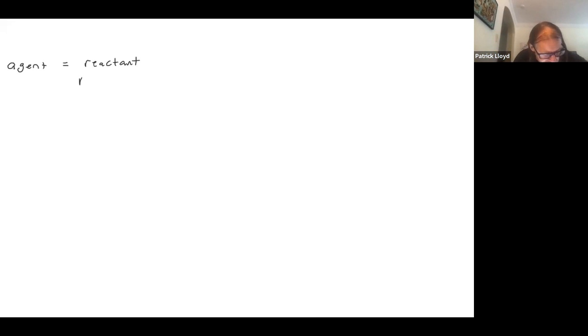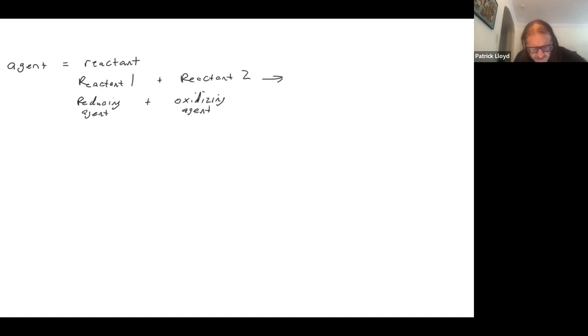So we don't say reactant 1 plus reactant 2. We say reducing agent plus oxidizing agent. And then it's the same products. That's not different, but the terminology is that one of the reactants is called an oxidizing agent and the other is called a reducing agent.